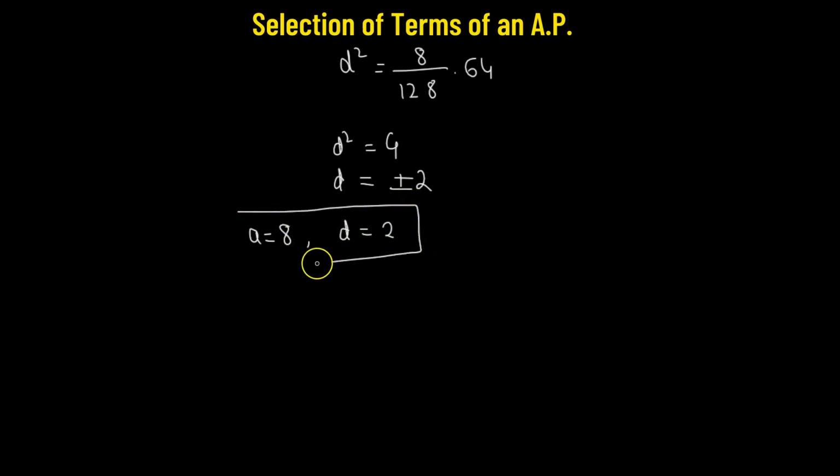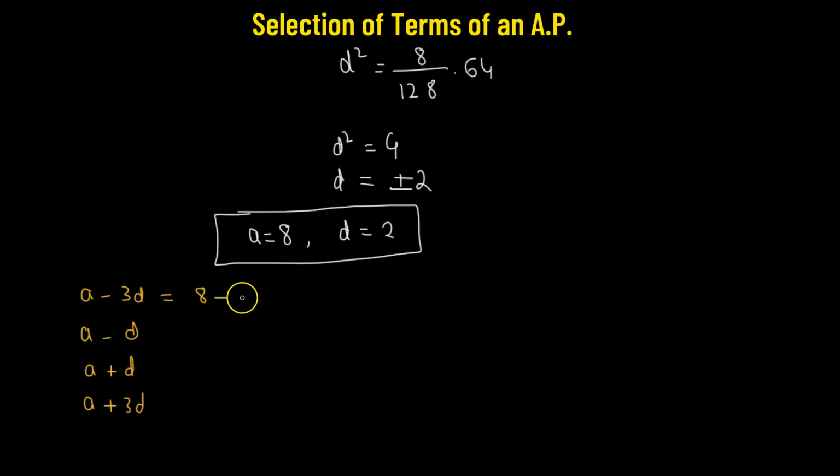So using a and d, now we can find out the value of a minus 3d, a minus d, a plus d, and a plus 3d. The a minus 3d is going to be equal to 8 minus 3 multiplied by 2, that's 6. So we have 8 minus 6, this will be equal to 2. Then we have 8 minus 2, so this will be equal to 6.